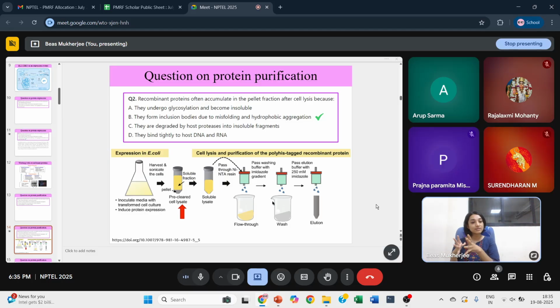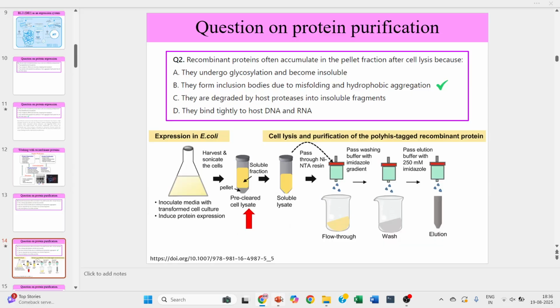When the protein goes into the inclusion body and you spin after sonication, you will see that this is the part that will go into the pellet. And for that there is a different procedure, which is inclusion body wash, and from there you can retrieve your protein back. The material from where you can study about this is given at the bottom of the page. This is the DOI, so that you can refer to it for knowing more about this.